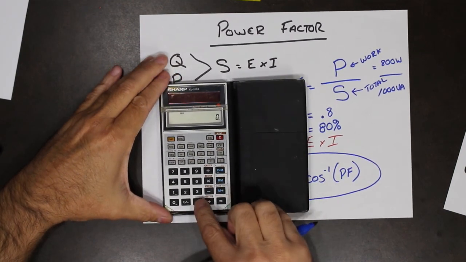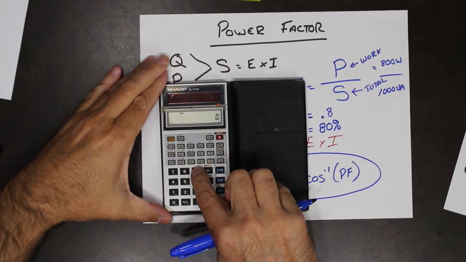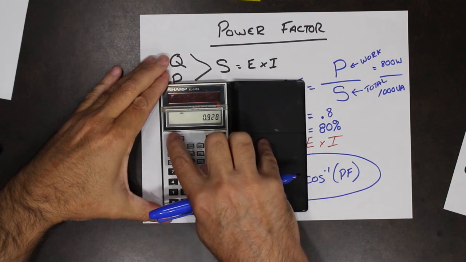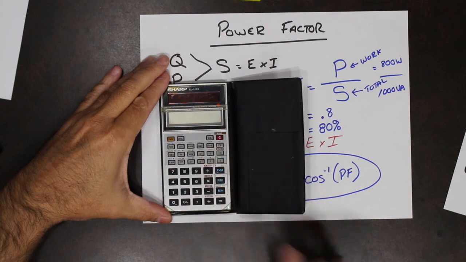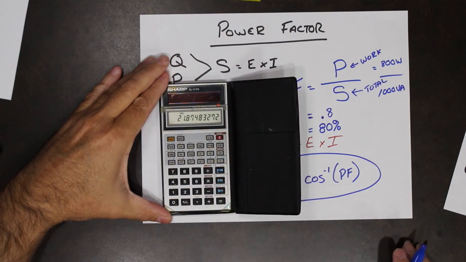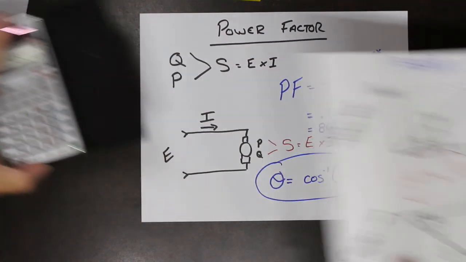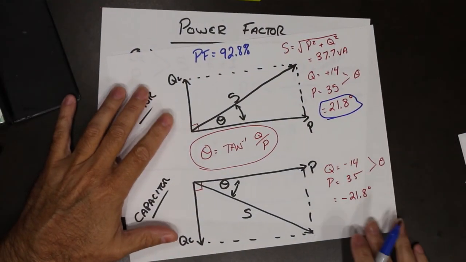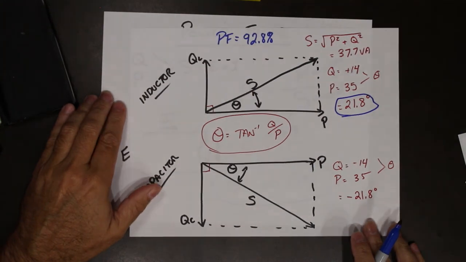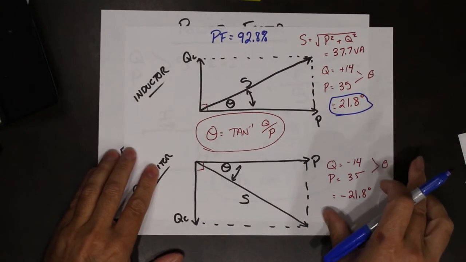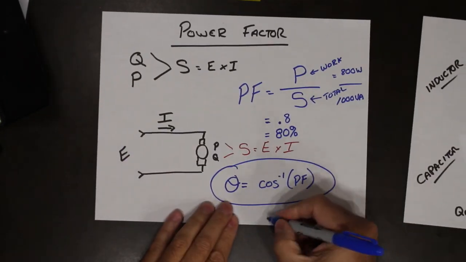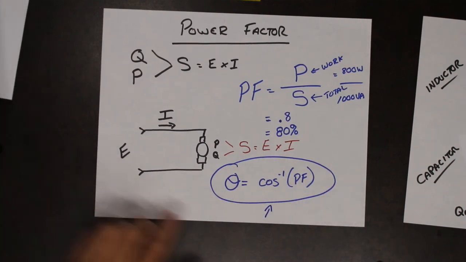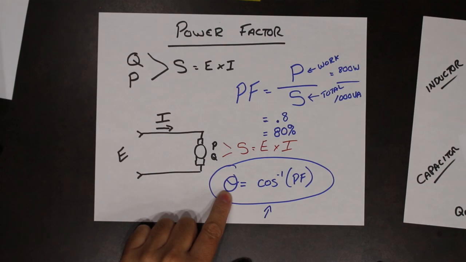So we've got 0.928 and 21.8 degrees. Same, 21.8 degrees. So using this formula here, we can also calculate the phase angle in our system.